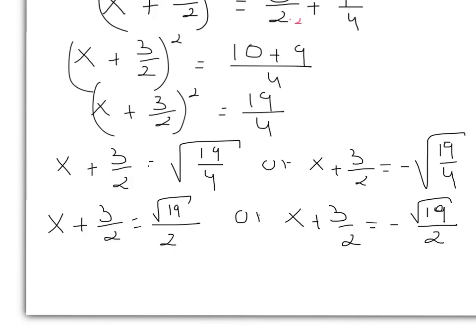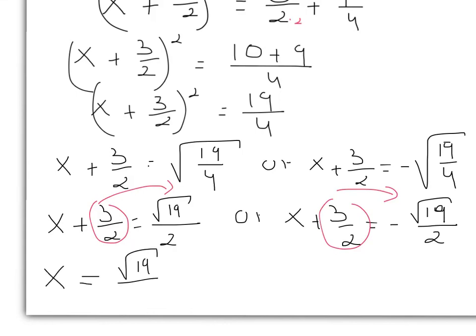Now we have to move 3 over 2 to the right side, so we change the sign of 3 over 2, and the answer will be x equals the square root of 19 over 2 minus 3 over 2, or x equals minus the square root of 19 over 2 minus 3 over 2.